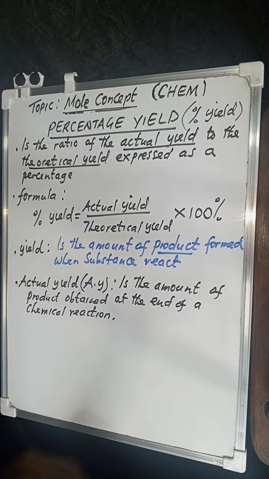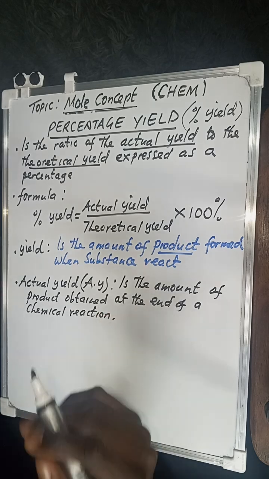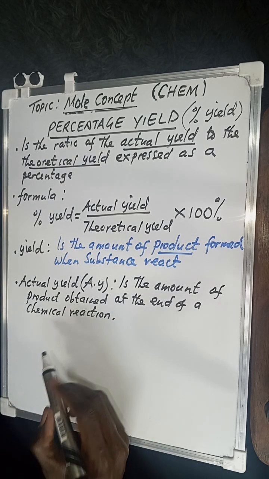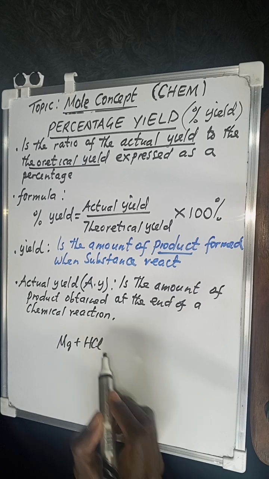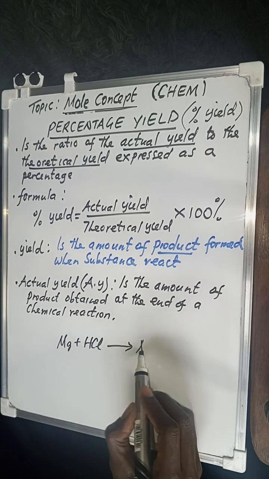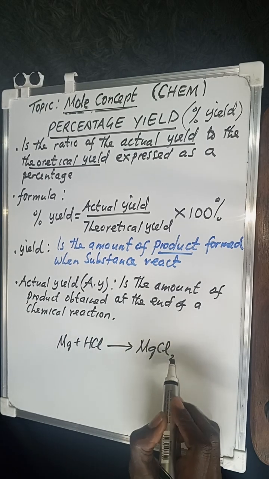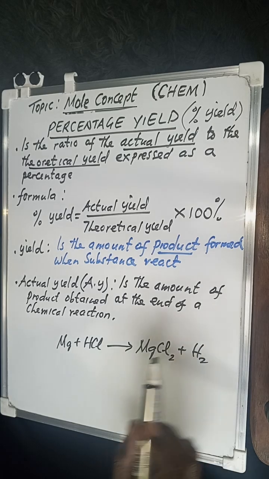Well, imagine you are carrying out a reaction in the laboratory, for example, you are reacting magnesium with hydrochloric acid, then you come up with magnesium chloride, that's the salt. Of course, hydrogen will escape.